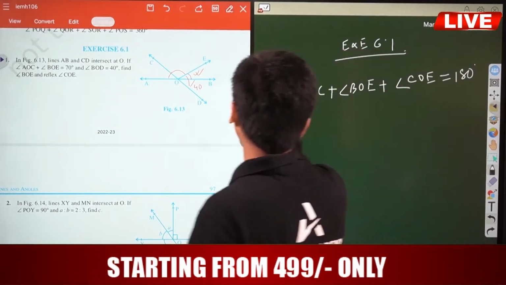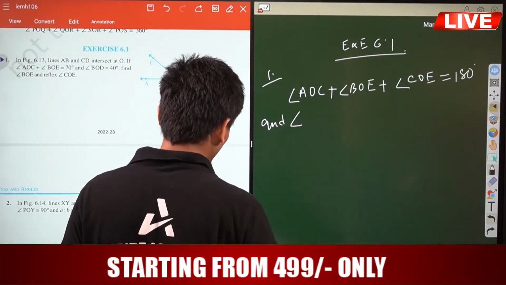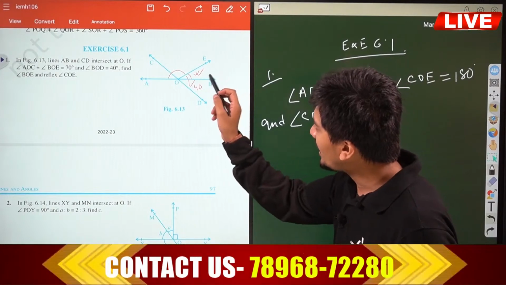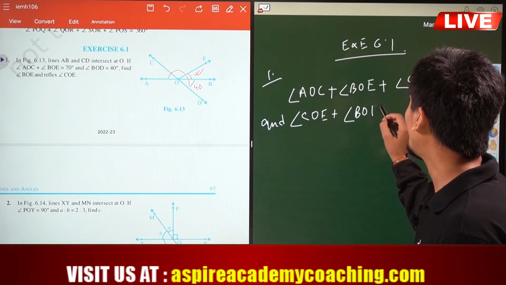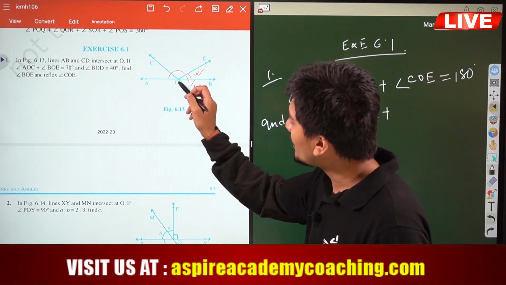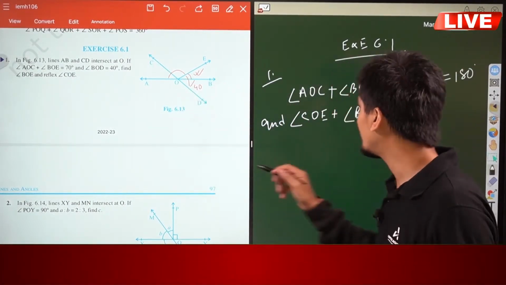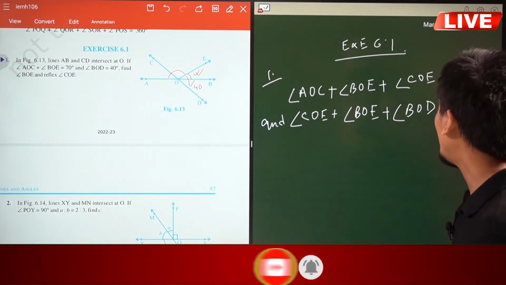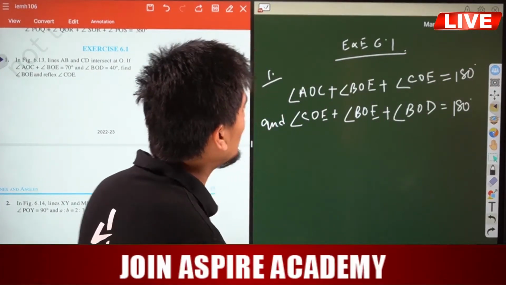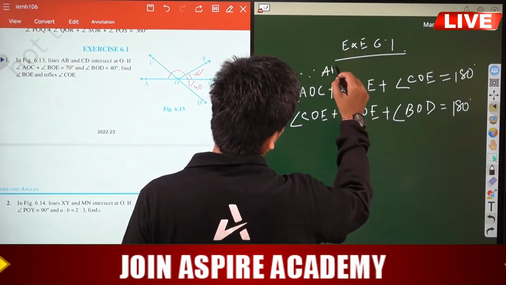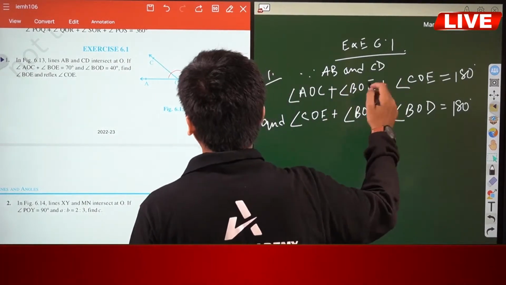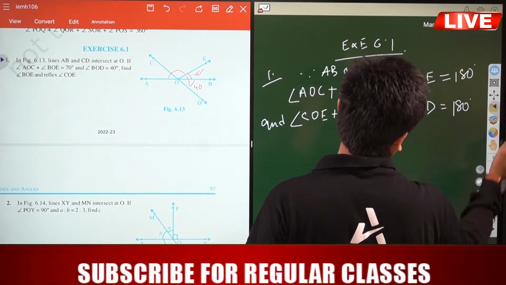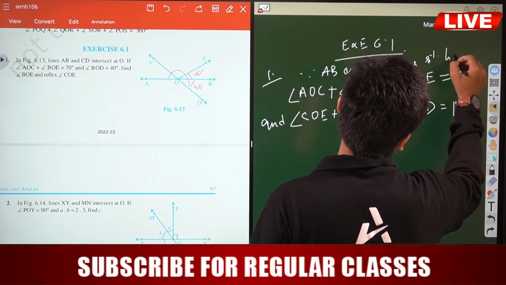And also you can write angle COE plus angle BOE plus angle BOD equals 180 degrees, since AB and CD are straight lines.